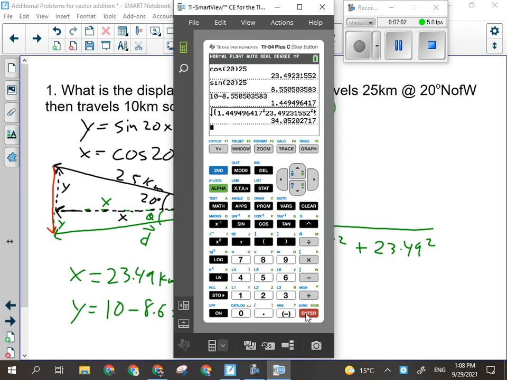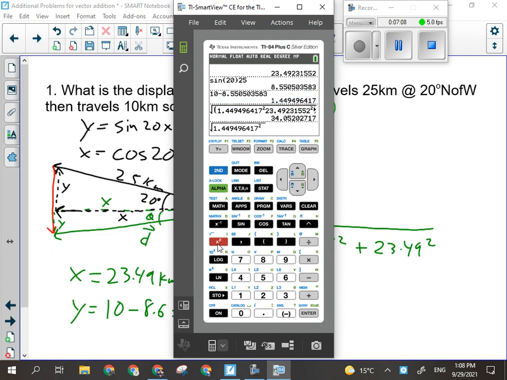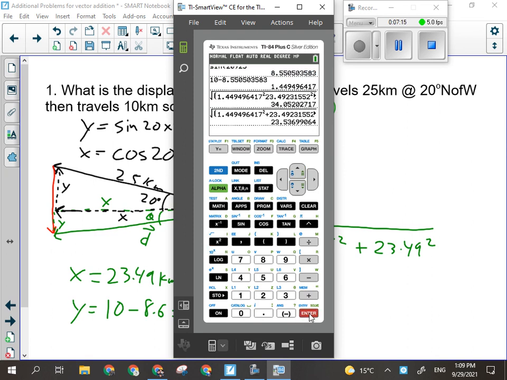Oh, I multiplied them. That squared plus that squared. All right, so I get 23.5, which to two significant digits is 24.